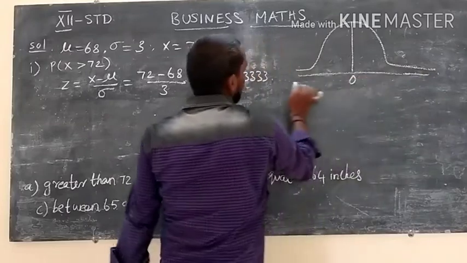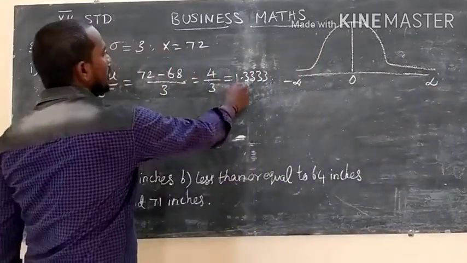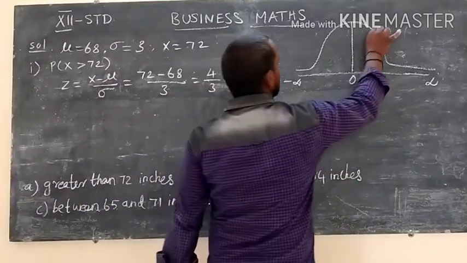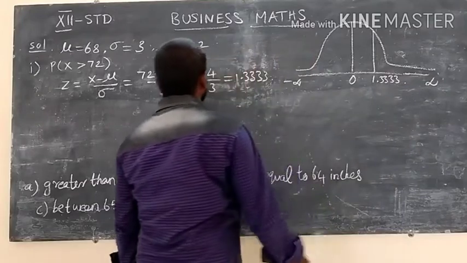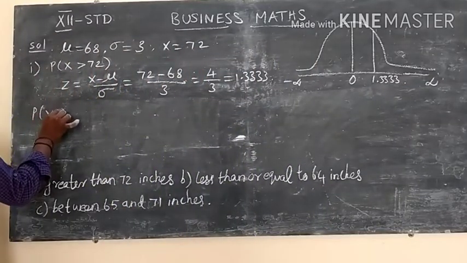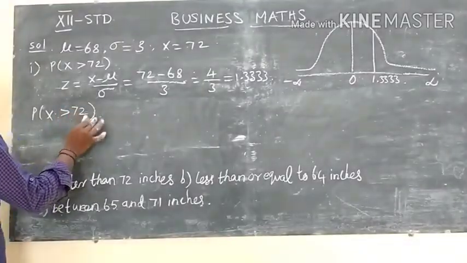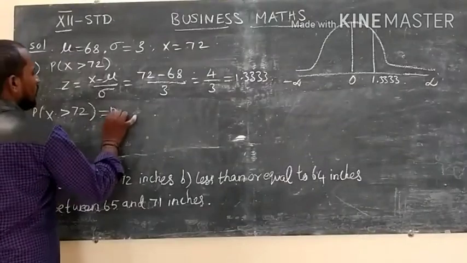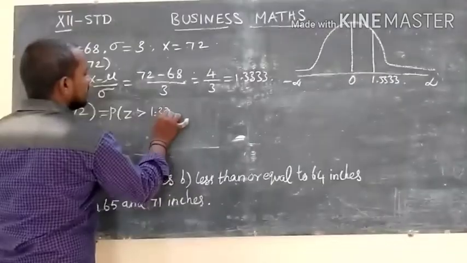Now draw the diagram. This is the origin, minus infinity to plus infinity. So 1.33 is on the positive side. The question is the probability of x greater than 72, which is equal to P of Z greater than 1.33.